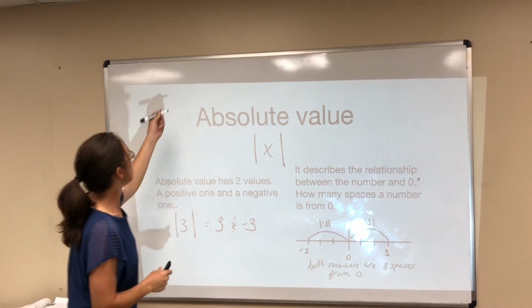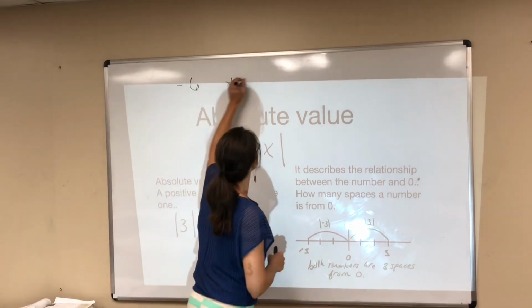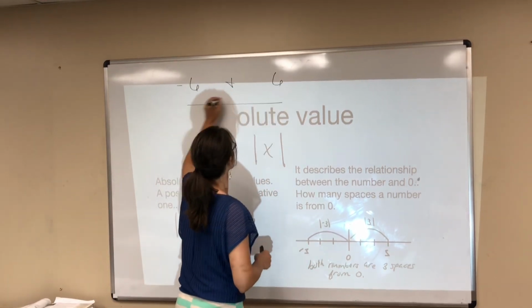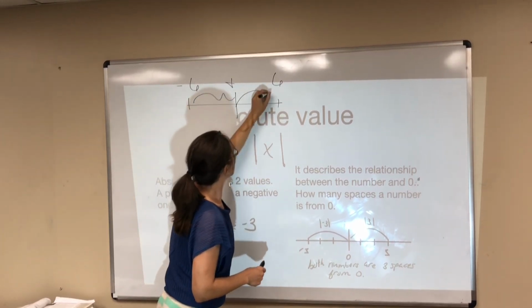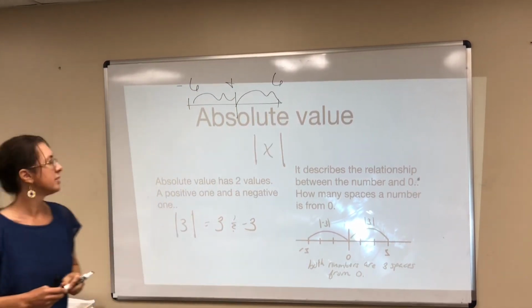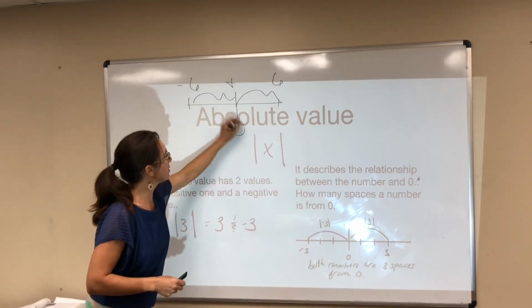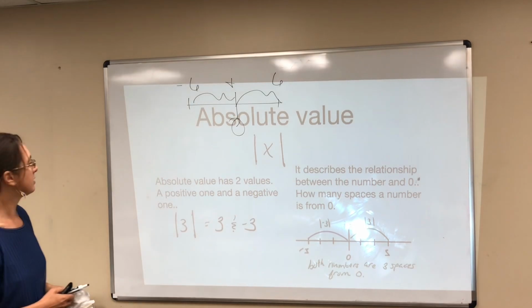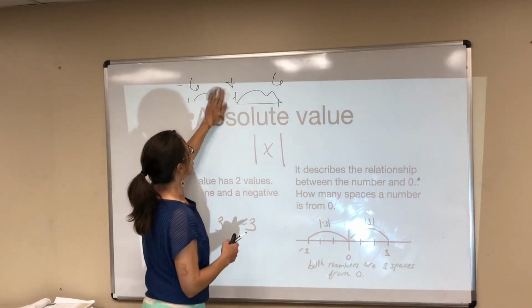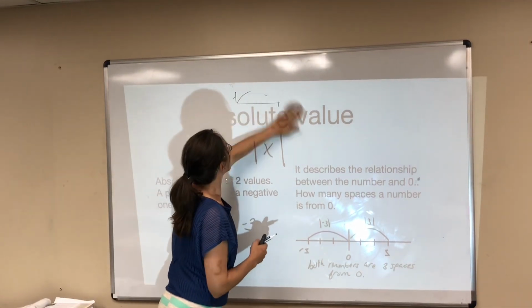Okay, an example is -6 and 6. They are both 6 units from 0. Now I'm going a different direction, but we're just looking at the space.